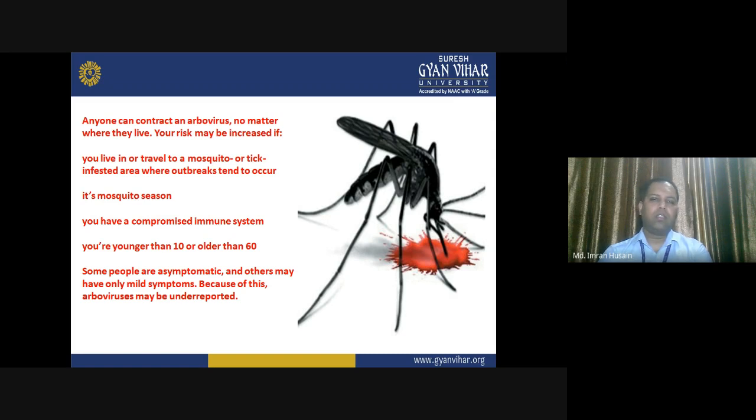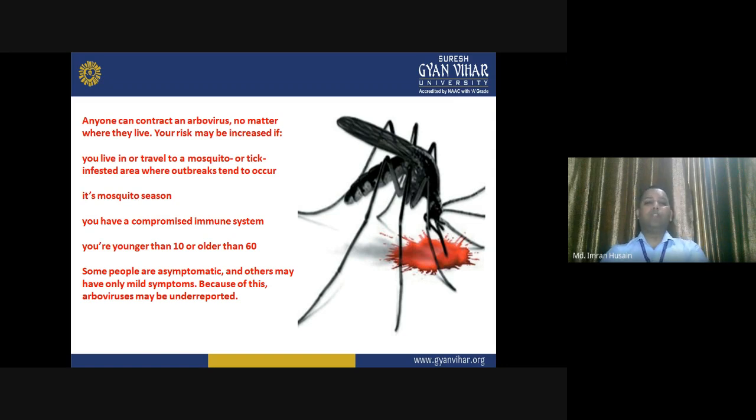In these areas, it is very likely that you may get infected with the arbovirus. It's mosquito season, so whenever you go outside during the rainy and tropical season, you must avoid going to such places.